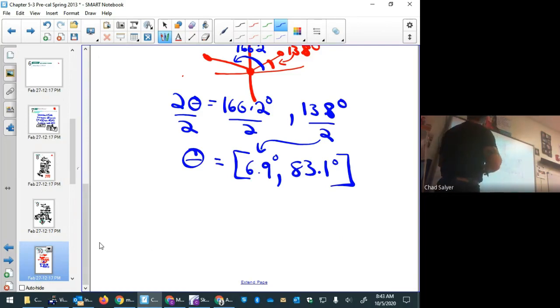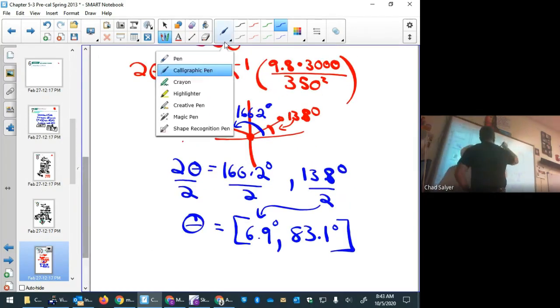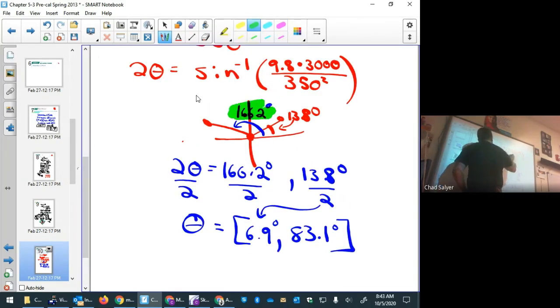Again, often missed test question. And the reason why people miss it so often is this part, being able to find the corresponding angle in the quadrant that's not defined by the inverse.